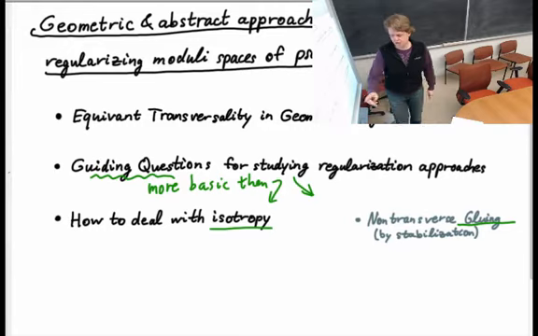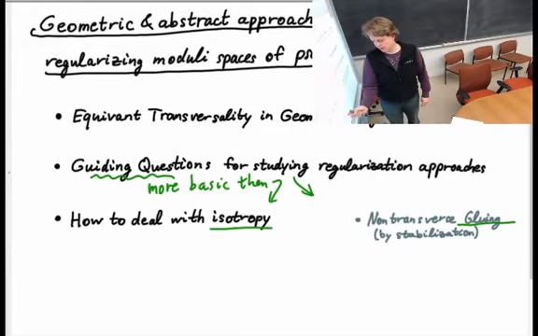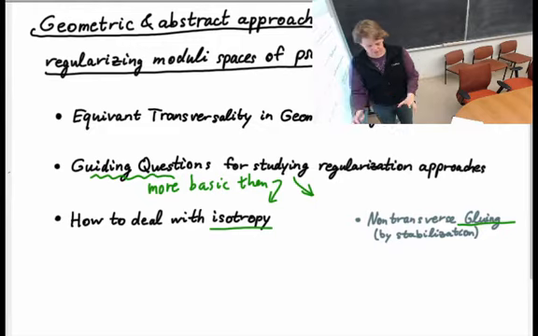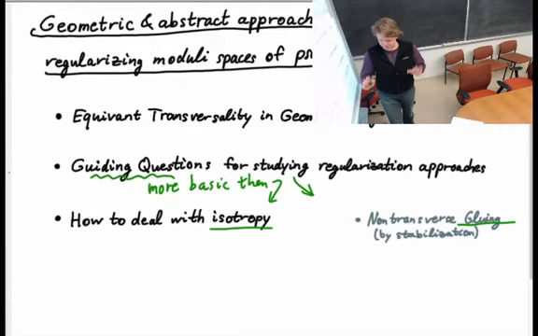And I'm also going to say a little bit about what one does with finite stabilizers. So that's just going to be a recipe that says, if you understand the story without stabilizers, this is what you need to do to get a story with isotropy. And that's going to be very, very high level.